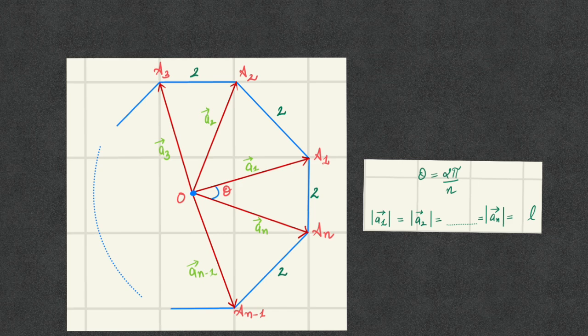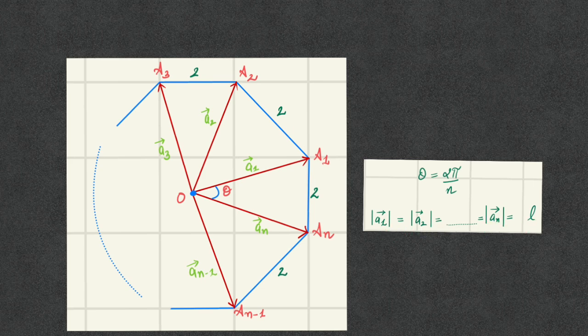Since the polygon is regular, the angle doesn't change, and theta here is 2 pi by n, because the entire 2 pi angle is divided among n parts. And similarly the lengths of the vectors are also equal, so the length of the vectors is equal to L.